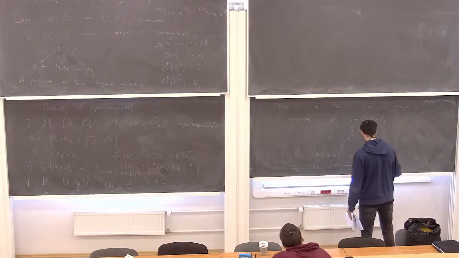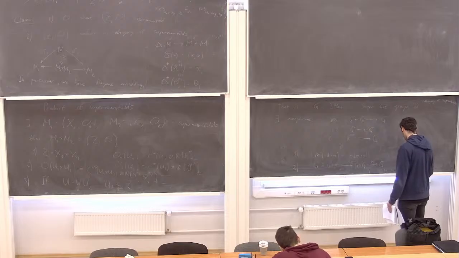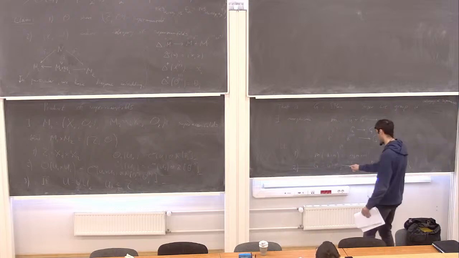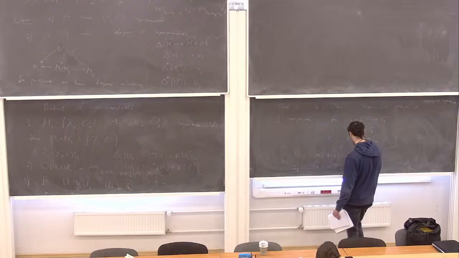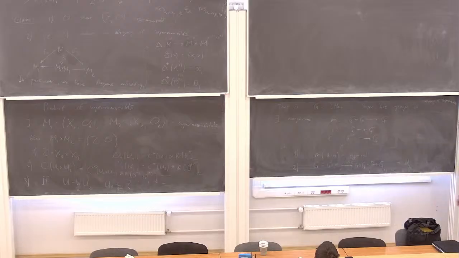So this should be just identity on G, right? And here I can have either this or the opposite order, E times ID, which also should be satisfied. So it's left identity and right identity.